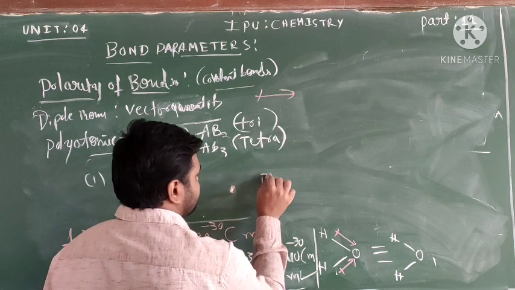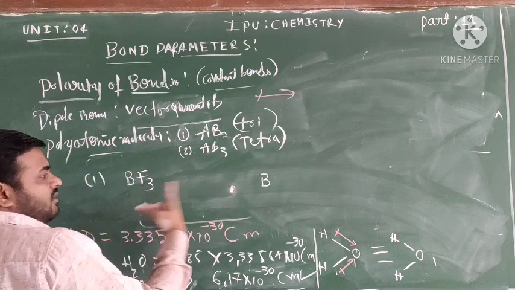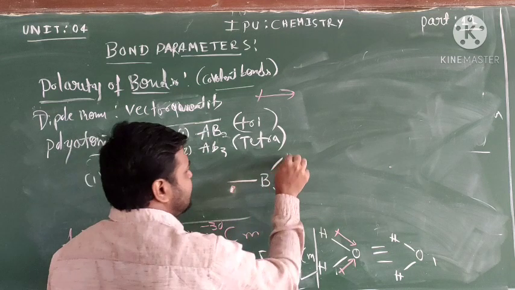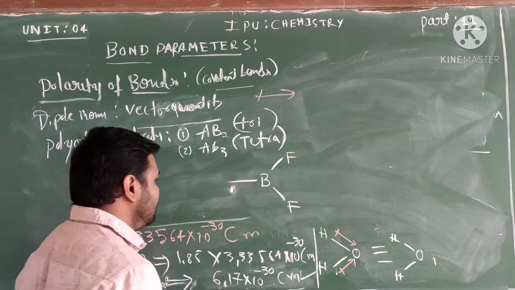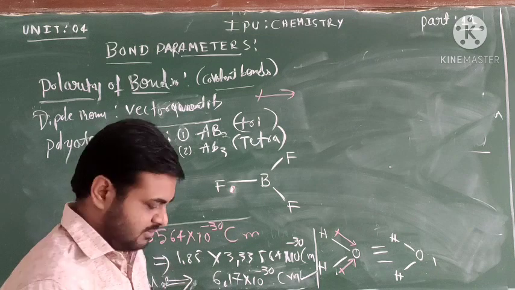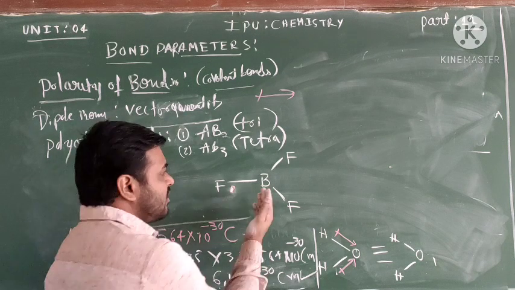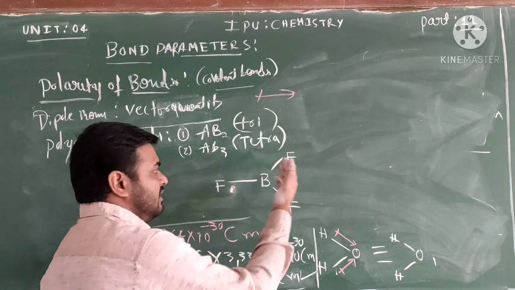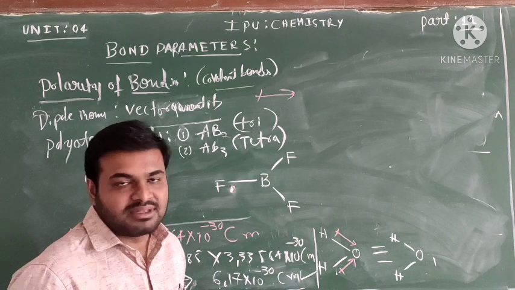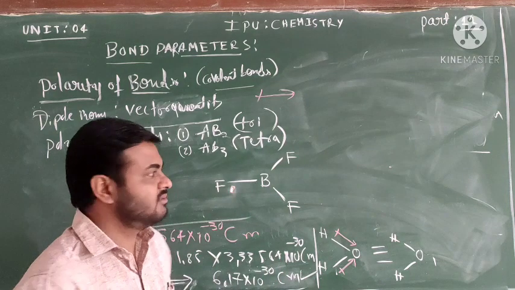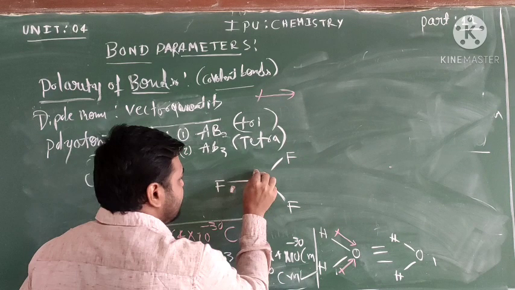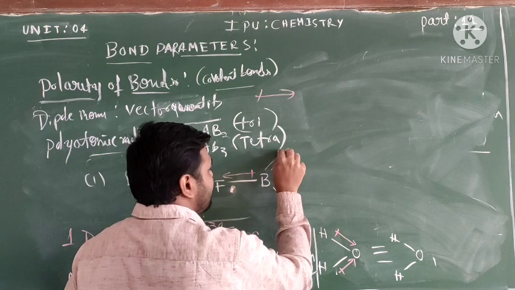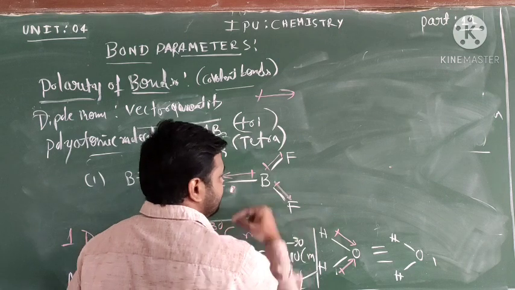Here boron is the center, and each corner carries 3 triangular fluorine atoms. Boron has atomic number 5 and fluorine has atomic number 9. Boron is less electronegative compared to fluorine, so the dipoles move from boron towards fluorine, boron to fluorine, boron to fluorine.